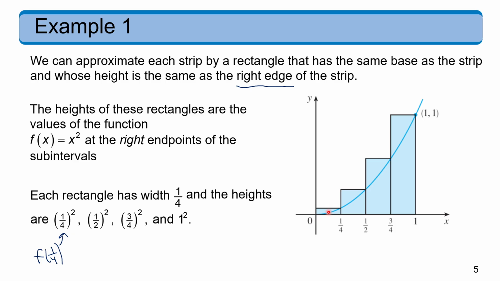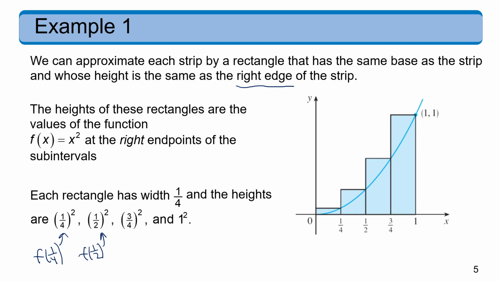For the second rectangle, it's the same idea. To find the height of this, go to the right endpoint, which is 1/2, and plug it into your function. That gives you the y-coordinate here, which is the height of that rectangle. So f evaluated at 1/2 gives the height of the second rectangle, and that equals 1/2 squared.